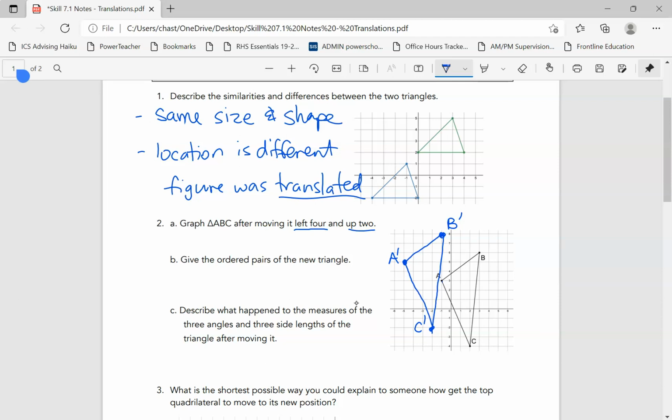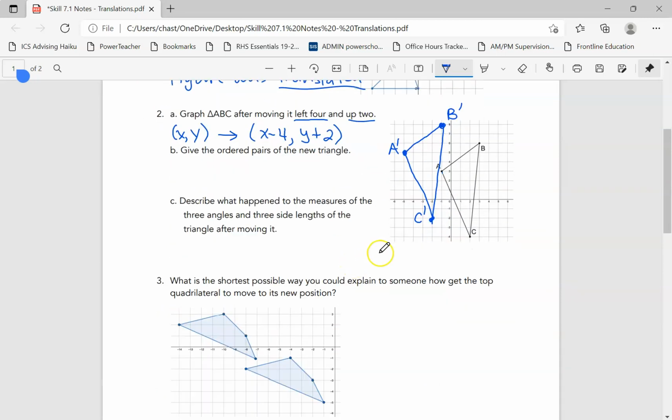We could describe this as a rule. We would say that our coordinates (x, y) become: you take your x values, and when you go left 4, you're subtracting 4. And when you go up 2, you're taking your y coordinates and adding 2. We can use that notation to help find the coordinates. So now let's list what they are.